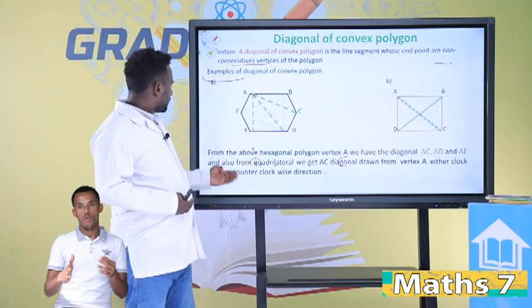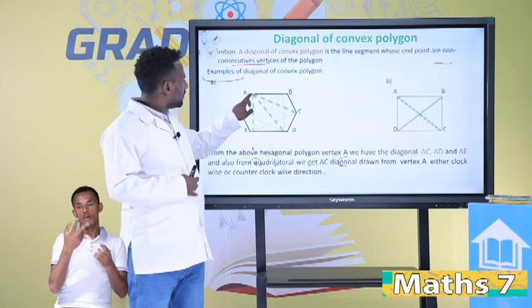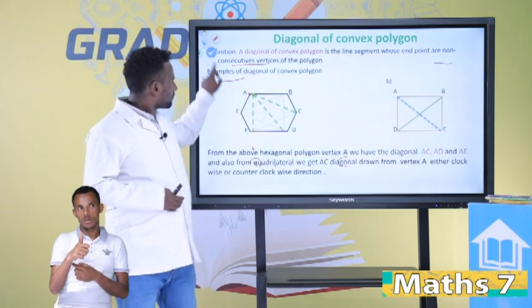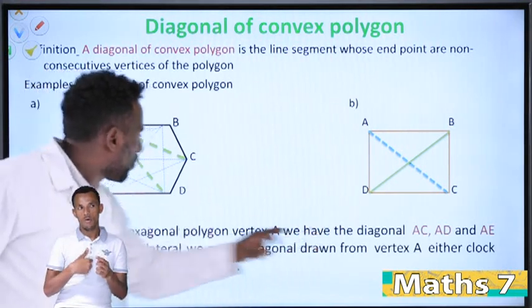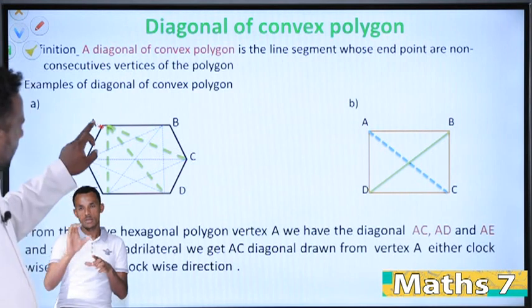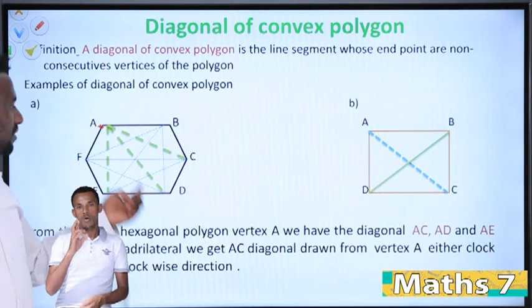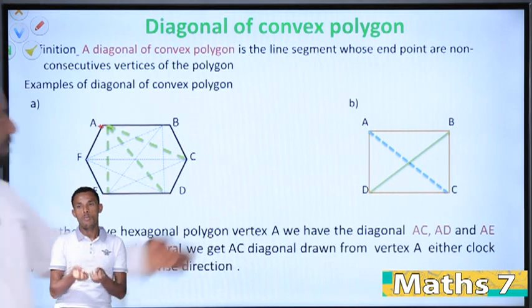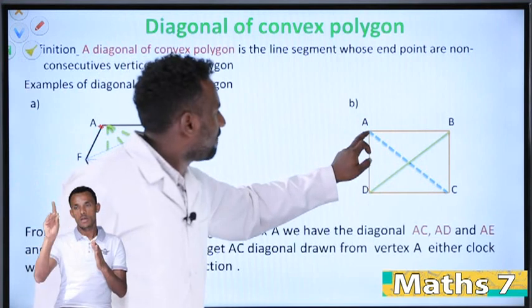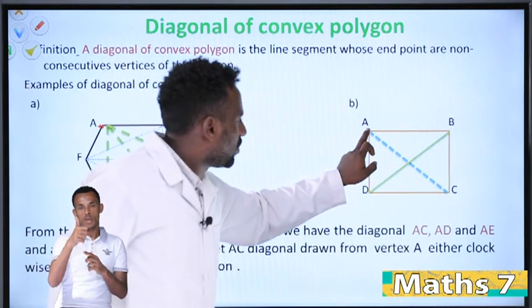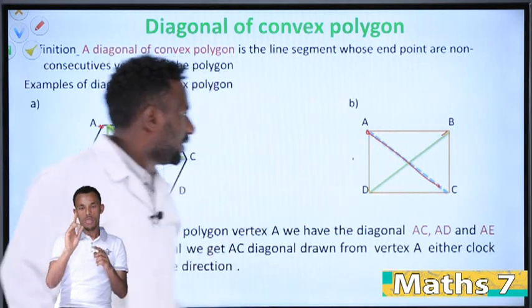From vertex A, we have the diagonals AC, AD, and AE. And also in quadrilateral ABCD, from vertex A we can draw the diagonal AC.